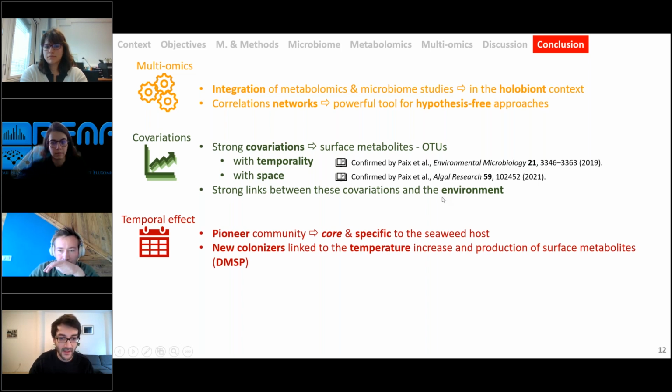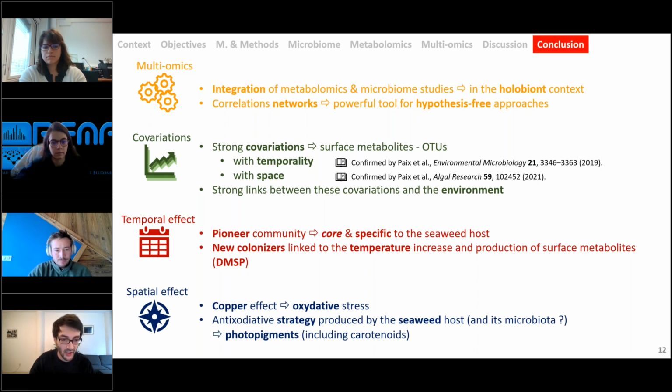For the temporal effects, we have seen that there is first a pioneer community at the surface of the algae, and then we have new colonizers which can colonize the surface due to the increase of temperature, but also the increase of some algal metabolites like the DMSP. And for the spatial effect, there is a clear effect of the oxidative stress of the copper, and to act against this stress, the holobiont might have an antioxidative strategy.